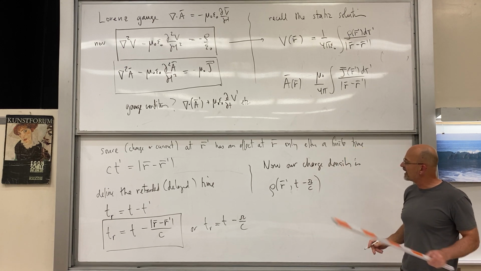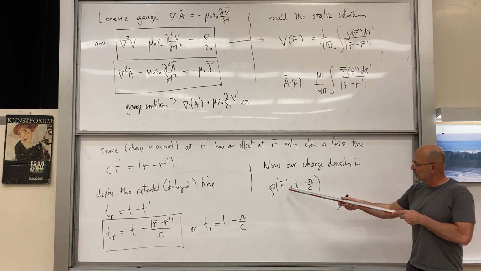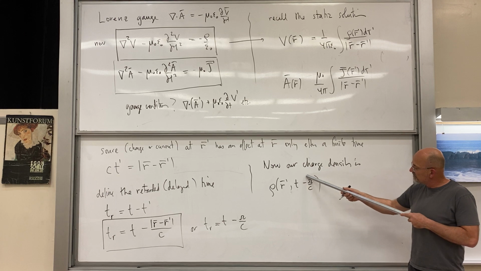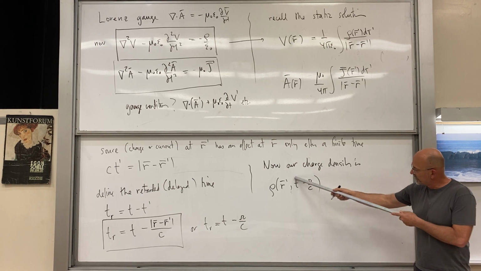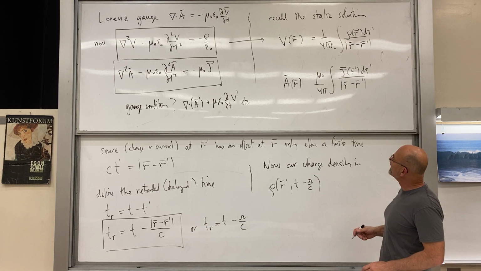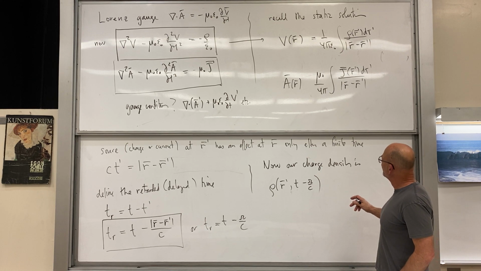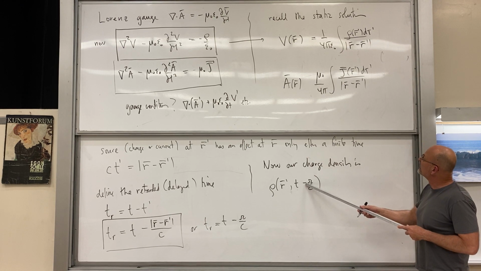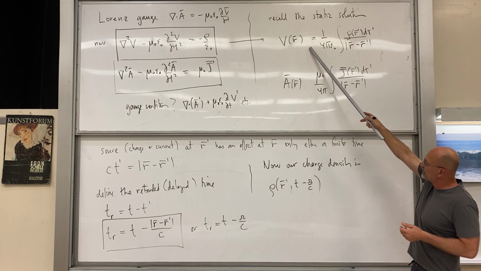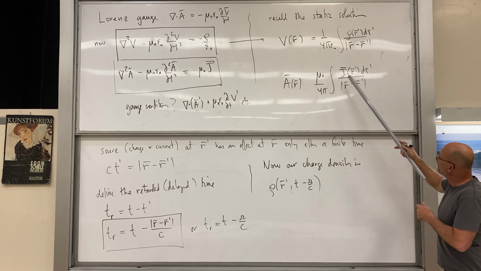So when we take time derivatives, spatial derivatives are the way they always were, but the time derivative is going to involve a spatial derivative as well via the chain rule in this argument here. So let's just go ahead and write down what those things look like. This is how we're going to change these into time-dependent ones. We're just going to insert this expression up here and the same thing for J.